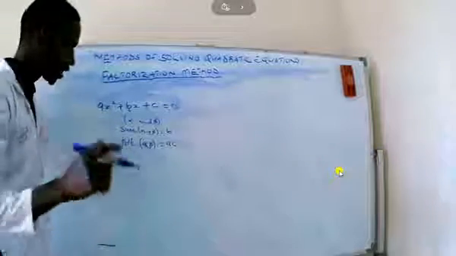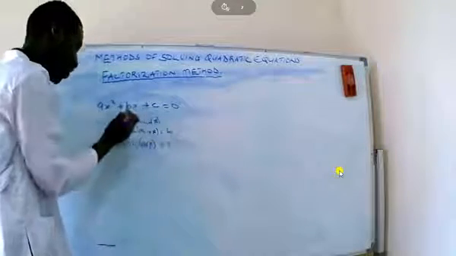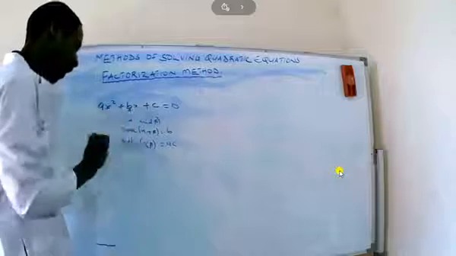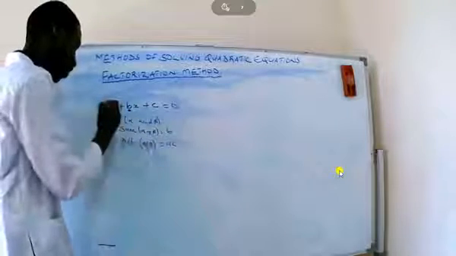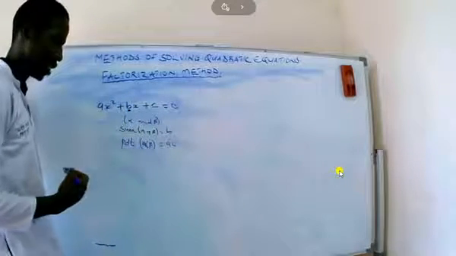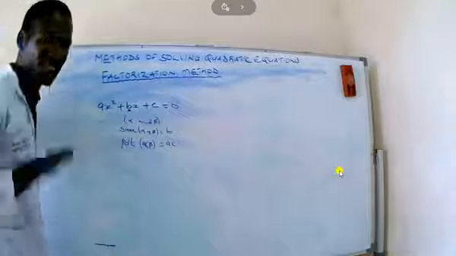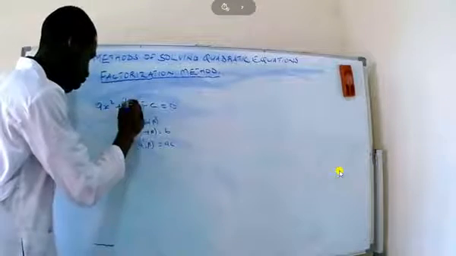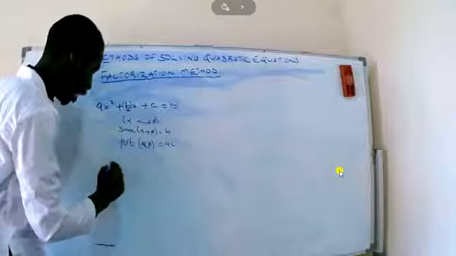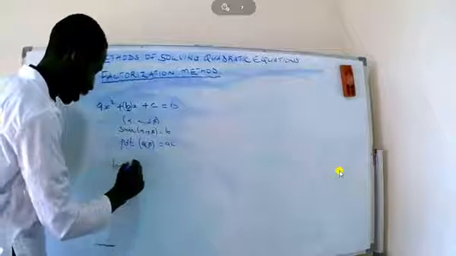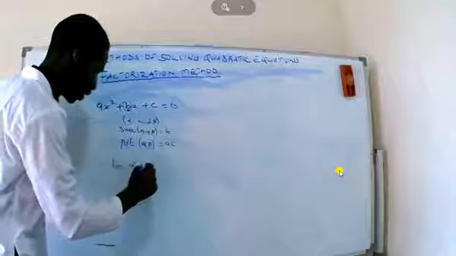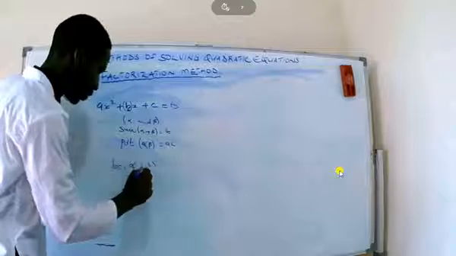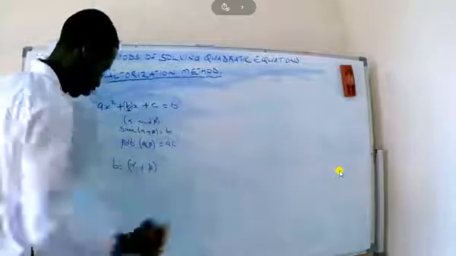Two numbers, when you add them up, you get b. Then when you multiply them, you get a times c. Now if you have those two numbers, you replace b with them, so b now becomes alpha plus beta. Then you follow the steps.